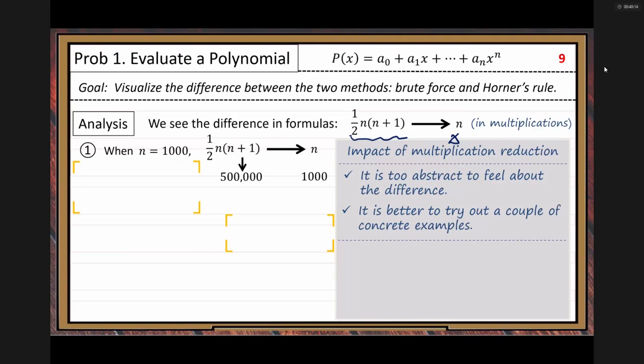So you have 500,000 multiplications by the brute force method. The difference is already big, right? 500,000 versus 1,000. How big is the difference? The ratio is 500 to 1. Not 5,000, 500 to 1 ratio.